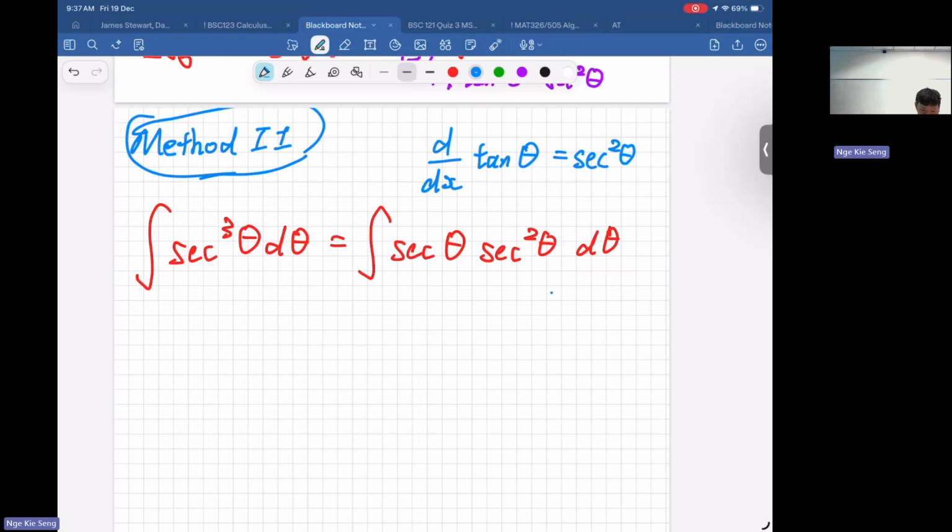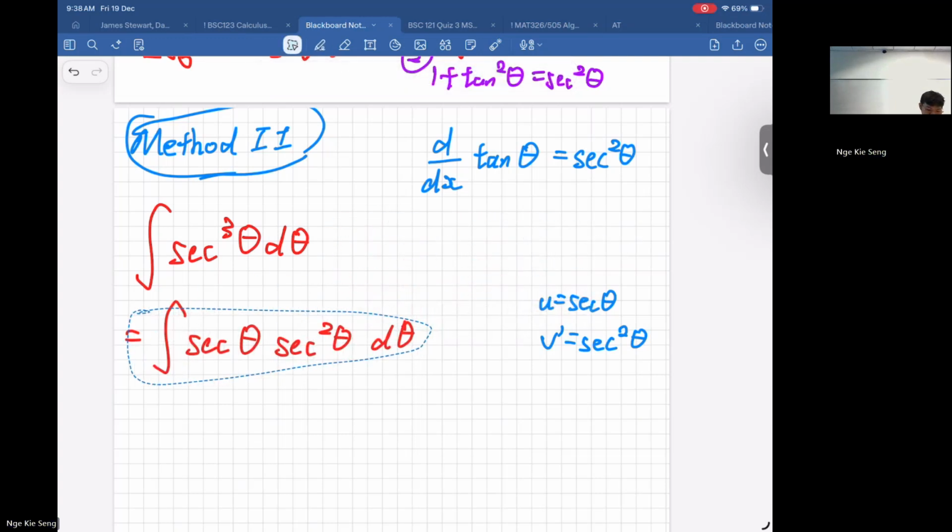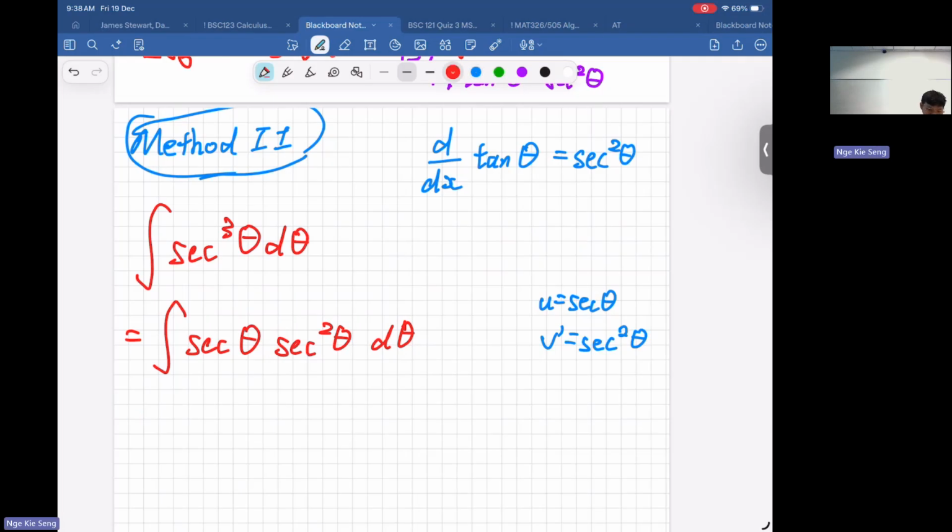So by part meaning you need to set u equals secant theta, and then v prime equals secant square theta. And then using by part. Let me write down what's the by part here.